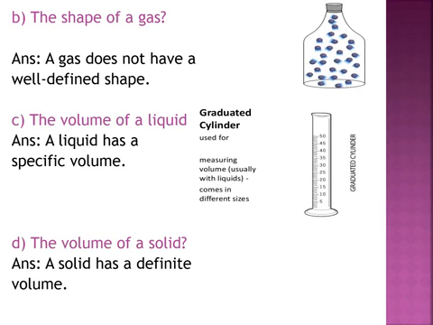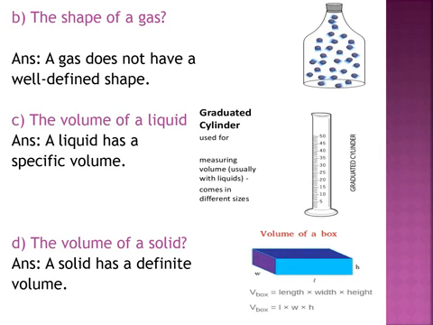A solid has a definite volume. You can see in the figure that we can measure the volume of a box. We have width, length, and height, and with the relation length times width times height, we can find the volume of a solid also.